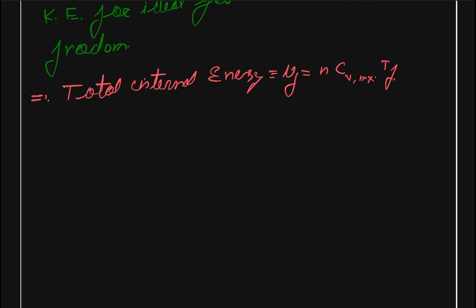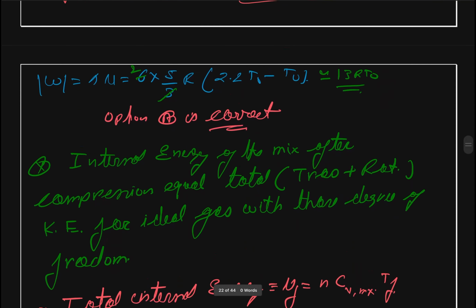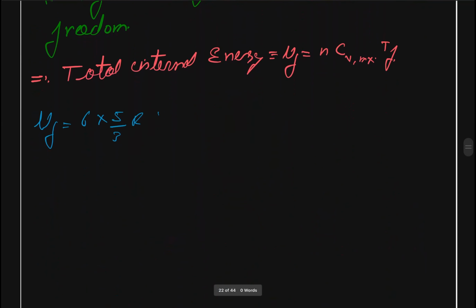So we already know these values, we substitute them, and we get our U F. The number of moles is 6, and this is 5/3 R, and this is T F in terms of T naught, 2.2 T naught. 6 goes by 2 here, so this will equal 10 R times 2.2 T naught, giving us approximately 22 R T naught.